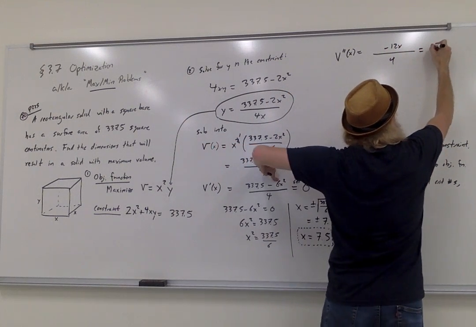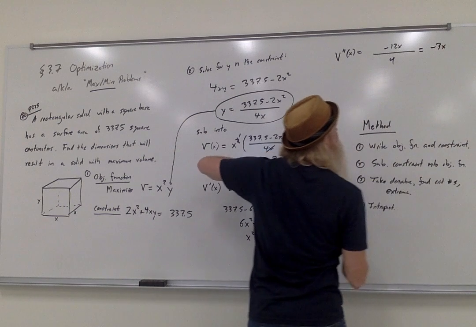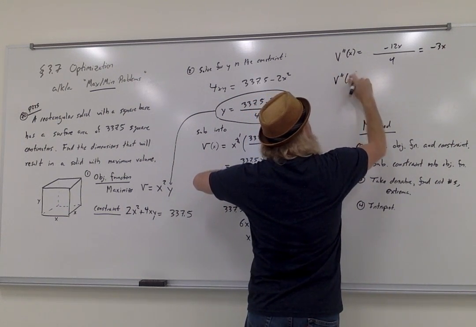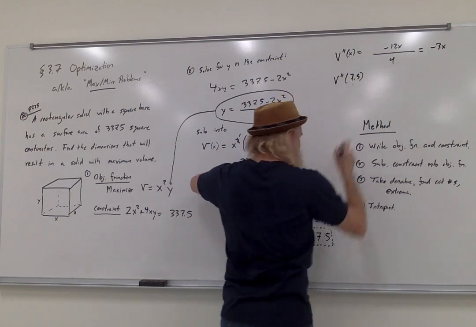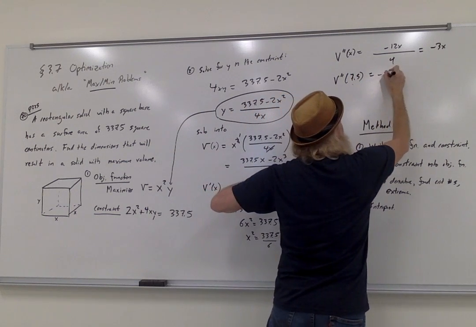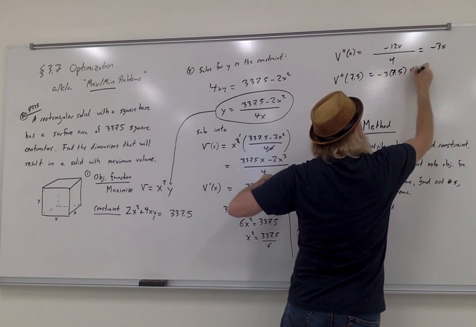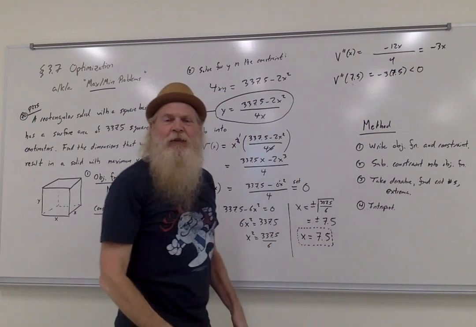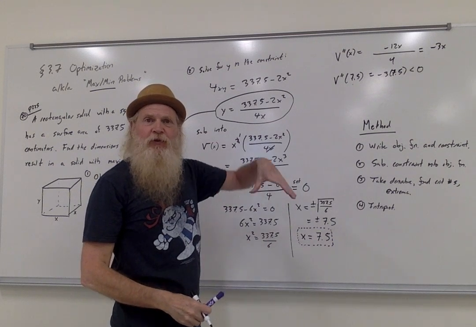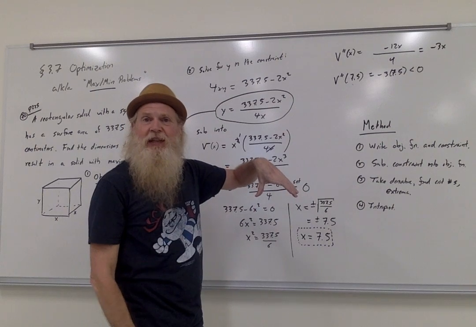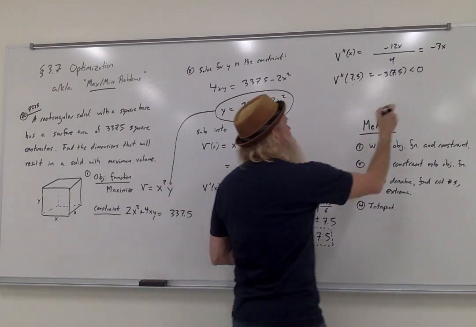So the second derivative is negative 3x. If I evaluate it at my critical number 7.5, I get negative 3 times 7.5, which is negative. So at the critical number, the second derivative is negative, which means the graph is concave down, which means I really am at a relative maximum.